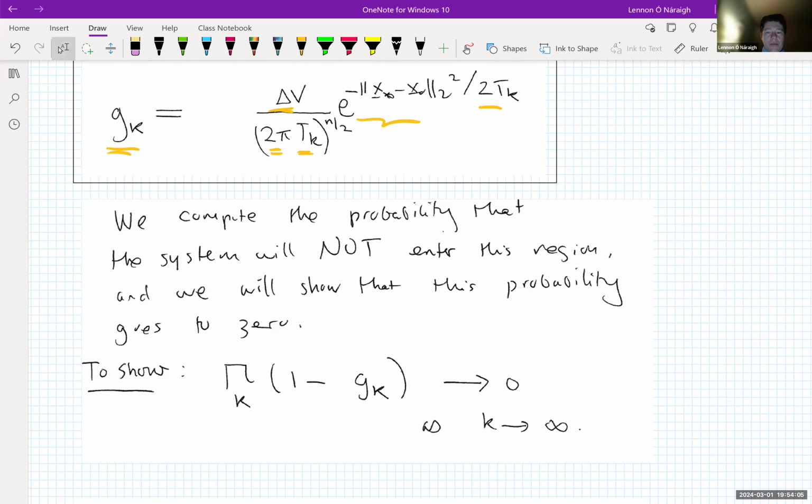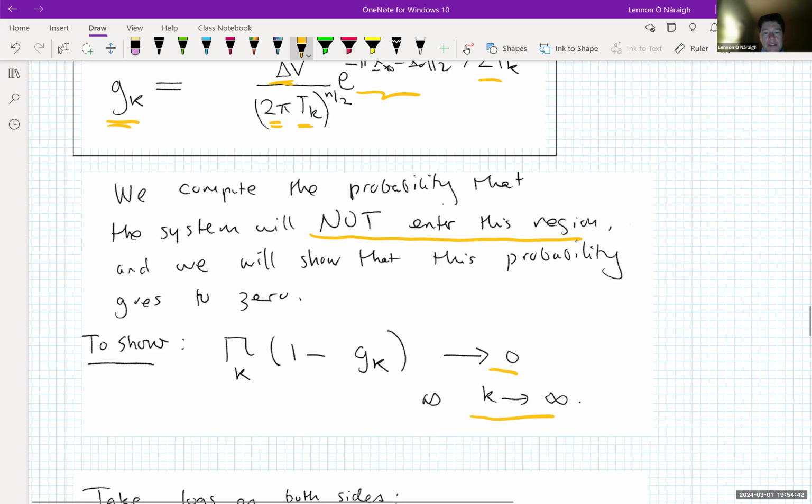So it's actually more useful to calculate the probability that the system will not enter this region. And particularly, we want to show that the probability of the system never entering this region, as you step through infinitely many different states, and as you cool the temperature according to the annealing schedule, goes to 0 as the number of cooling steps goes to infinity.